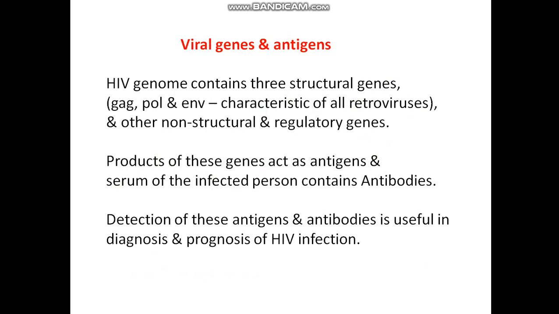There are different structural genes in the HIV genome, and they produce antigens, and the infected person contains antibodies against these antigens. Detection of these antigens and antibodies is useful in the diagnosis and prognosis of HIV infection.